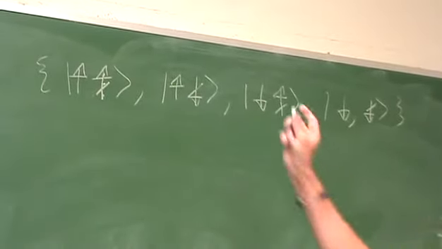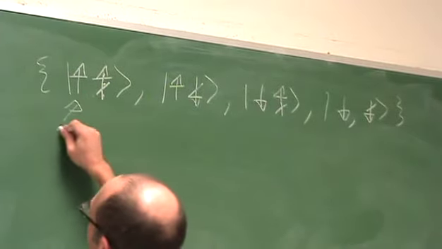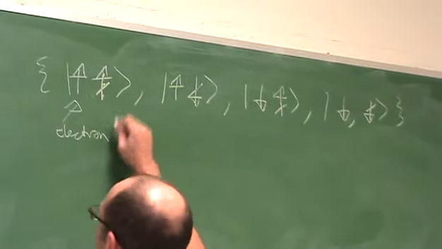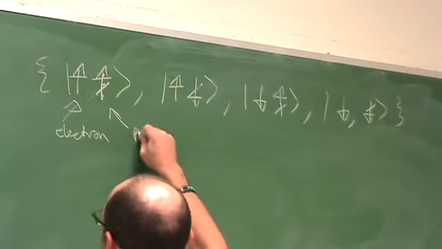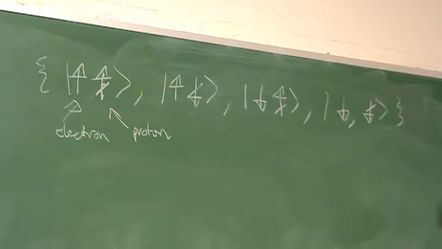The proton, I put a little slash through it. So this is the electron, and this is the proton spin quantum number. Is that clear what that crazy notation means? Someone agree? All right.